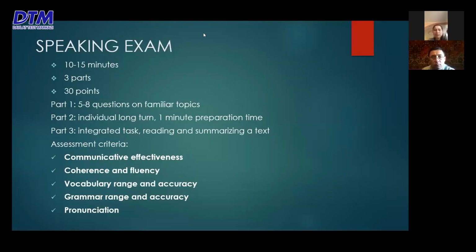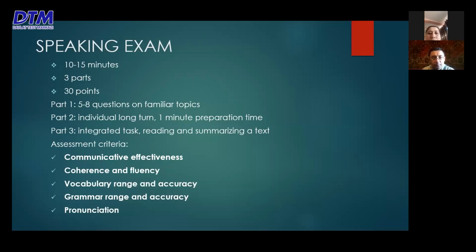As you probably know, the speaking exam lasts from 10 to 15 minutes. Probably you have a question, why is it so? It depends on your performance. It means that you have to give longer responses to the questions, instead of giving one-word answers.